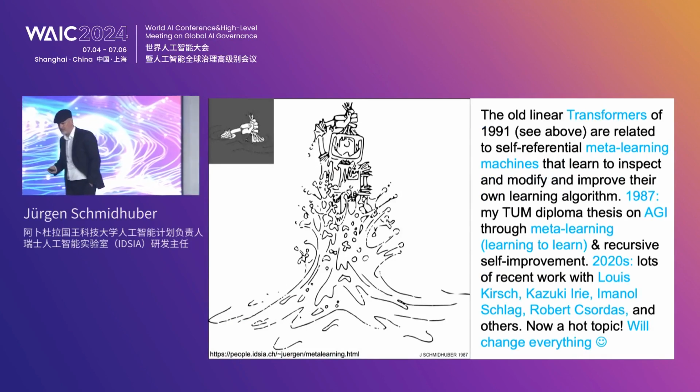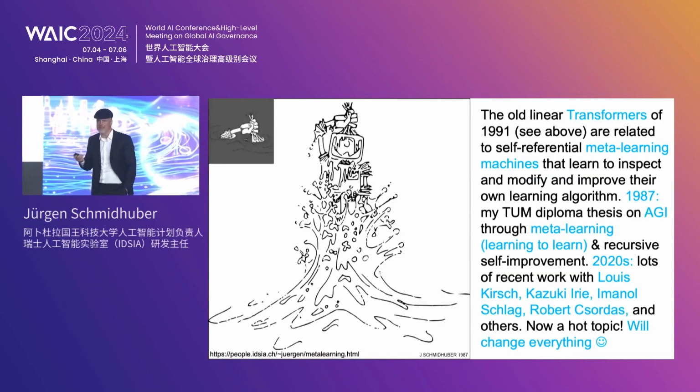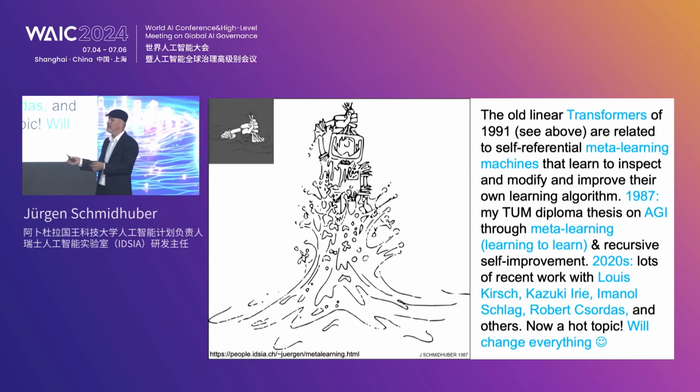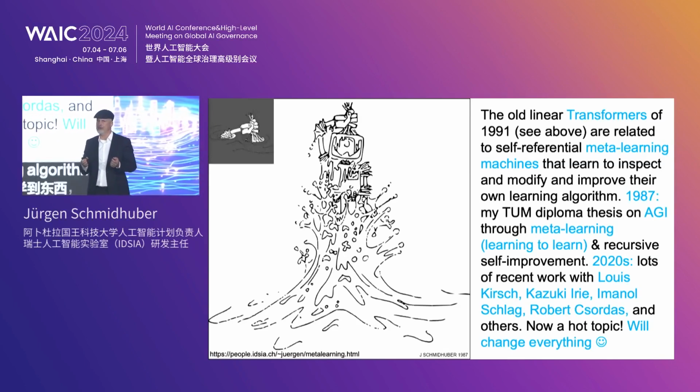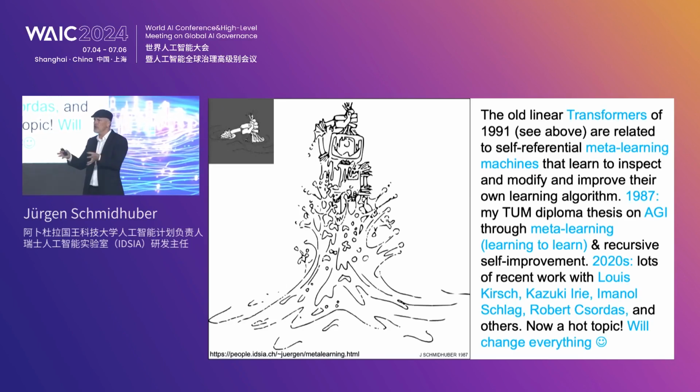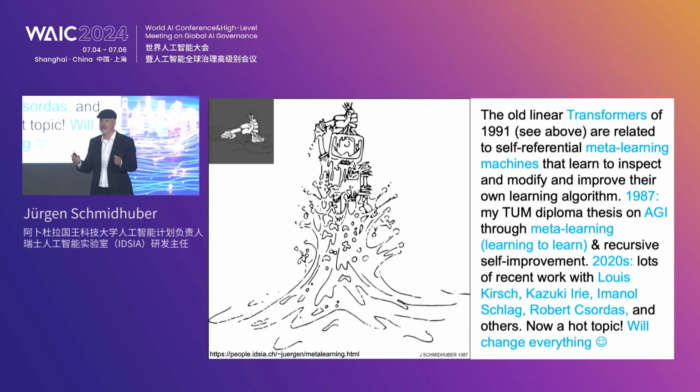Now, what excites me most about machine learning is really meta-learning, where you not only learn something here and learn something there, but you also learn the learning algorithm itself, and you learn to improve the learning algorithm itself. So you're not stuck with the human-generated learning algorithm.